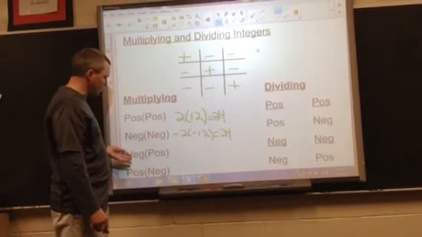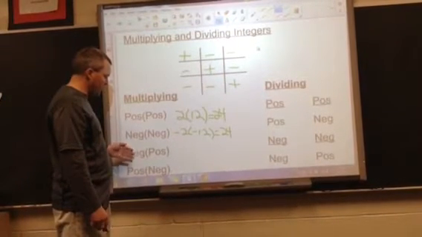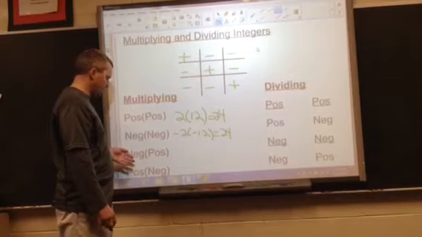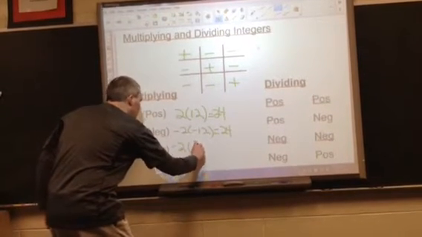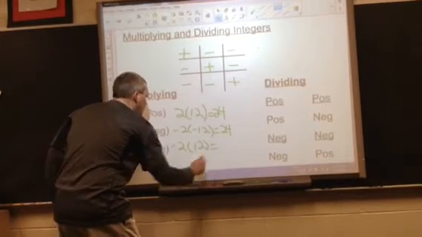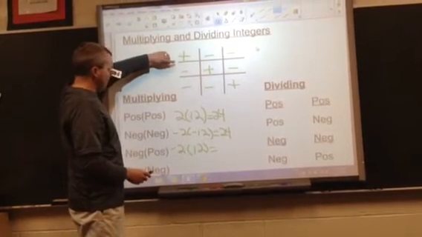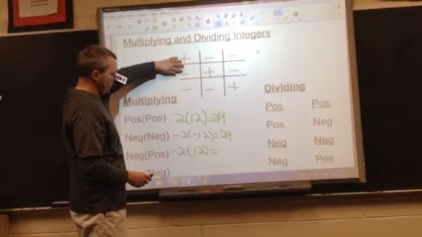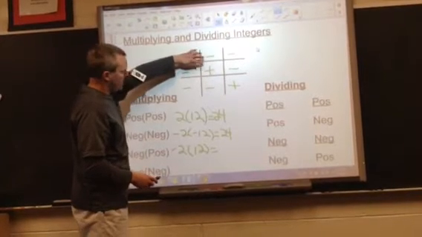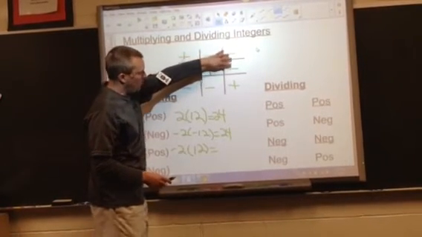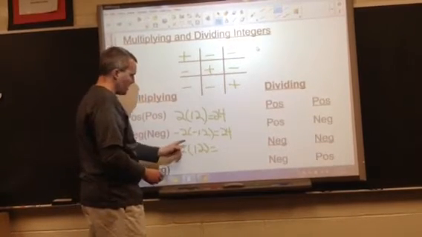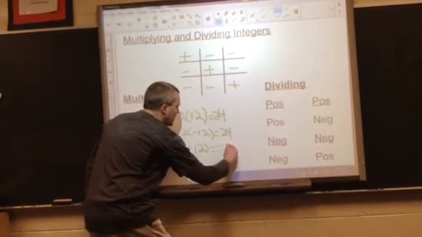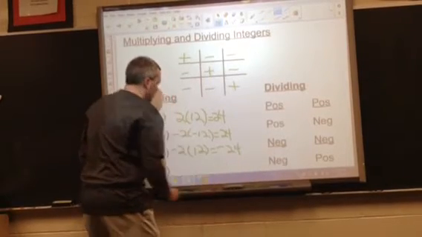Now for an example, if the numbers have different signs. Let's consider negative 2 times positive 12. If you look at the middle line of the tic-tac-toe board, a negative times a positive will always give you a negative answer. So negative 2 times positive 12 equals negative 24.